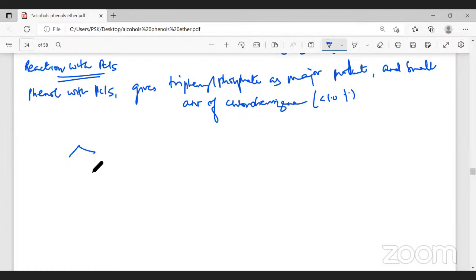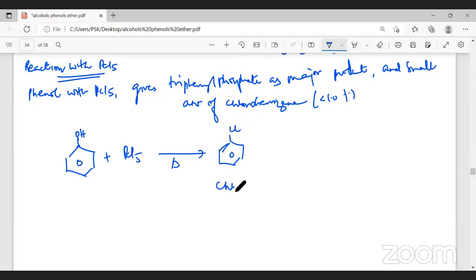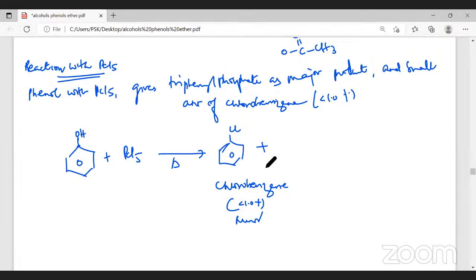Phenol is C6H5OH. When this phenol is treated or heated with PCl5, we get chlorobenzene, which is less than 1%, a minor product. The formula for triphenyl phosphate is (PhO)3P=O, where Ph stands for C6H5.